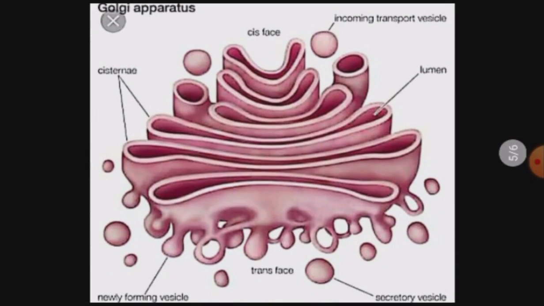And in the Golgi body O-linked glycosylation occurs. Just remember, in the Golgi body O-linked glycosylation occurs, and in the endoplasmic reticulum N-linked glycosylation occurs. Okay, thank you.